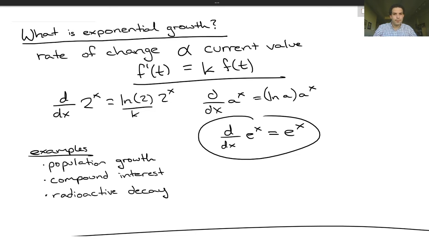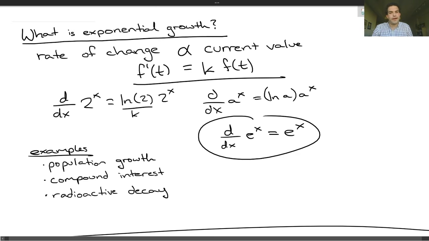It is the number such that, raising it to the power x, it is its own derivative. That's really the defining property of e, and is really quite a special thing for a function to be its own derivative. Now, of course, exponentials come up in the real world all the time, in virus growth, growth of other populations.